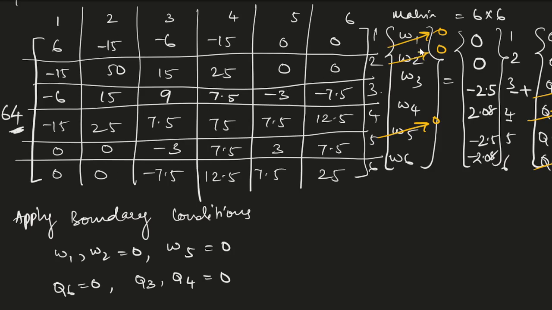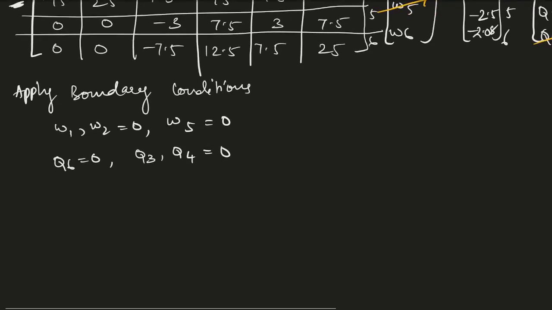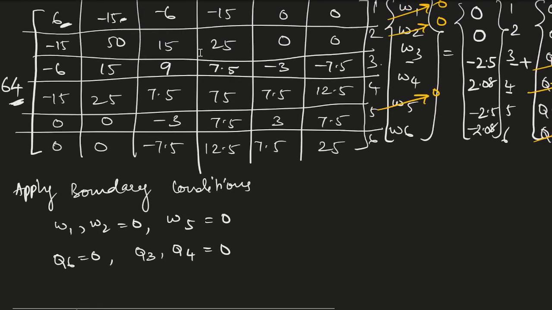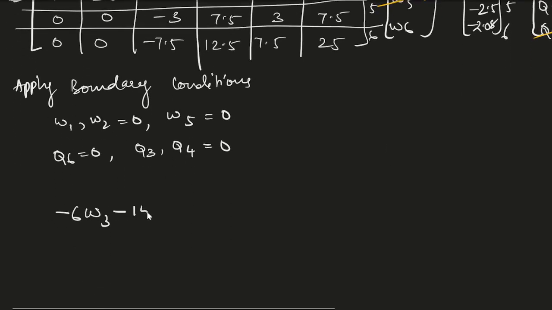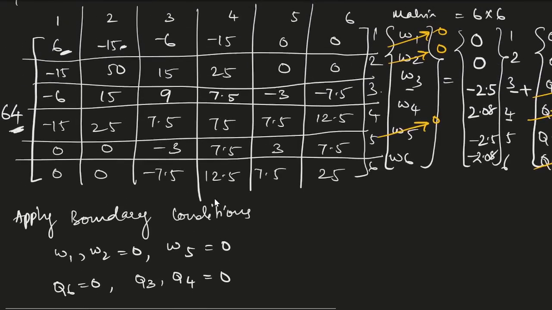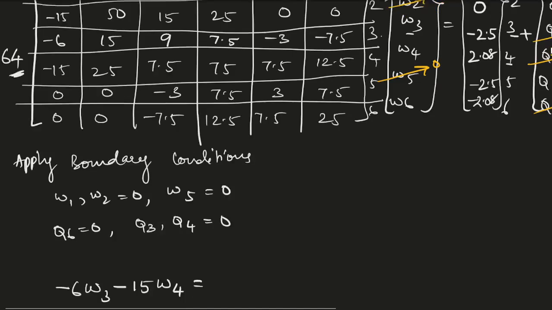So for the first row we have minus 6 w3 and minus 15 w4, rest all 0. This will be equal to q1, because we are dealing with the first row: 0 plus q1 is q1.